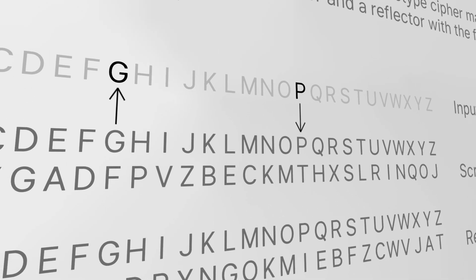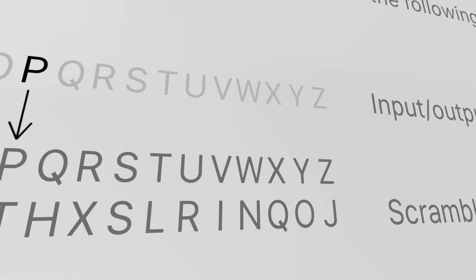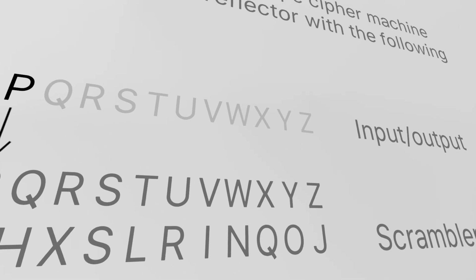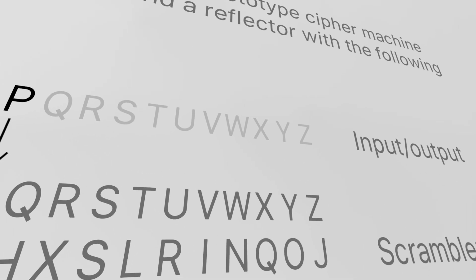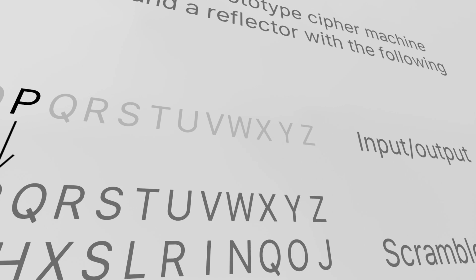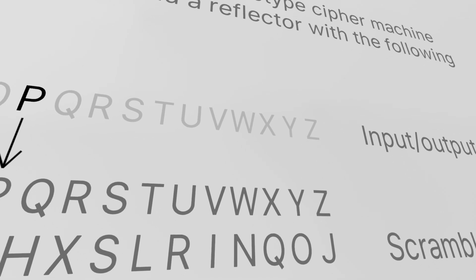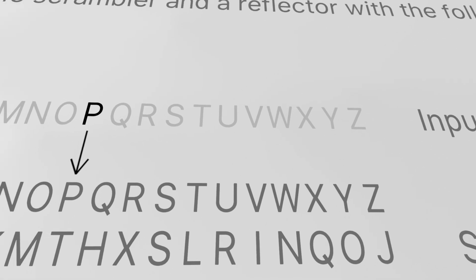Then we go straight up, where the P is now, but everything moved to the left, so it's actually a V in the lower row of the scrambler. Then we go to the upper row of the scrambler, find the V there, right here. And then we just go straight up, but it's moved to the left again, which I can't visualize for you, unfortunately. And that turns into a U, and that's how sed becomes U.